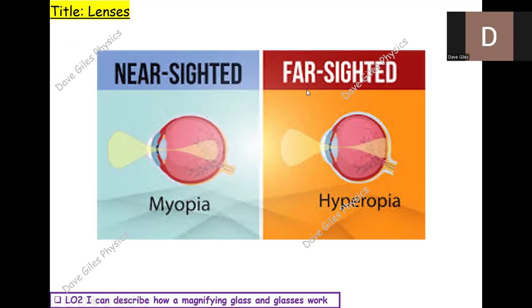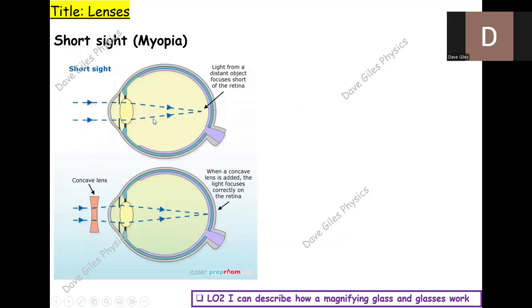Now, what you've got to remember is whether you're talking about nearsighted or farsighted, we're talking about the thing which the person can do normally. So they can see far normally if someone's farsighted, or they can see something close up easily if they are nearsighted. So with a short-sighted person, the light from the distance focuses short of the retina.